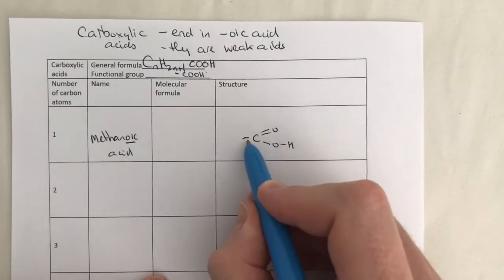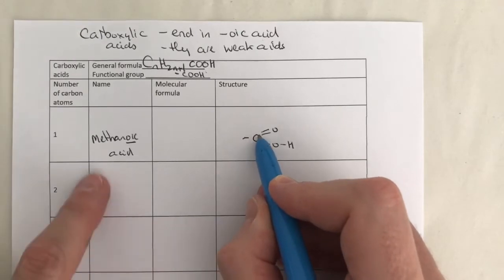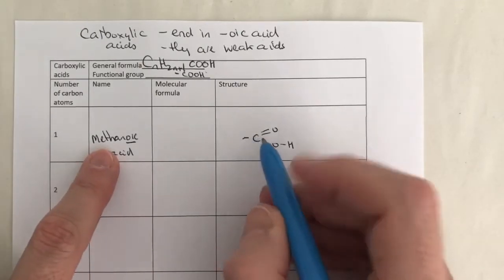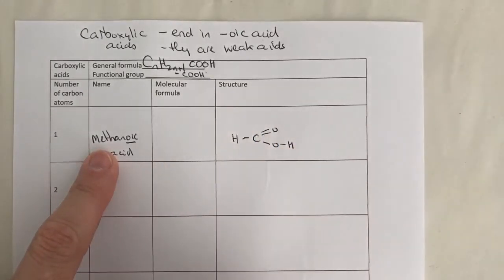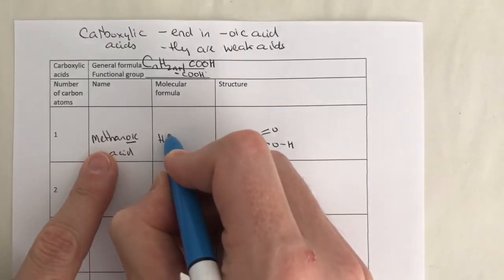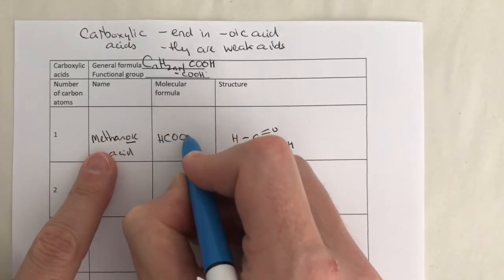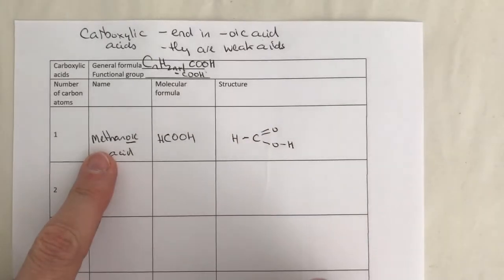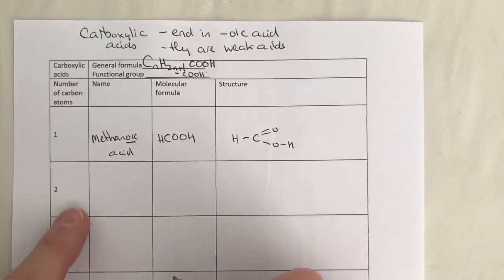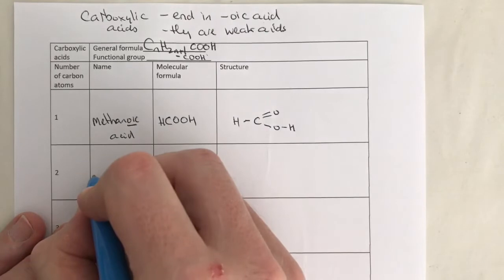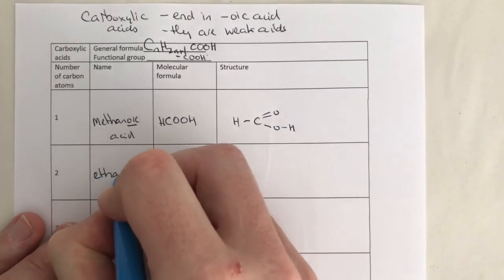So 1, 2, 3, there's my 4th bond. This can only have 1 carbon because it's methanoic acid, so that becomes an H. So the formula is HCOOH for methanoic acid.